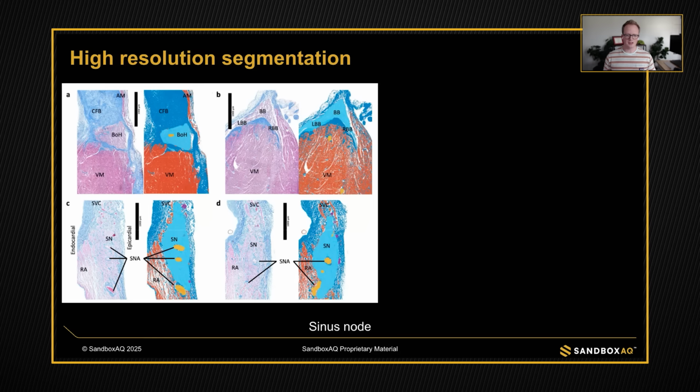So in some of these figures, we've got the stained tissue on the left and then the segmented tissue on the right, where the light blue is the node, the yellow is the different vasculature, and there's some other stuff in here, but essentially this gives us a really high resolution description of precisely where the muscle is, where the nodes are, where the vasculature sits, and how much vasculature is near the nodes, how much is further away.